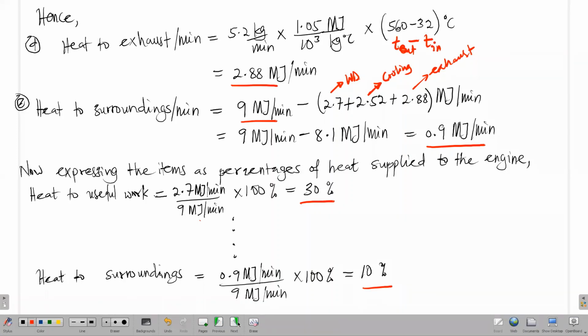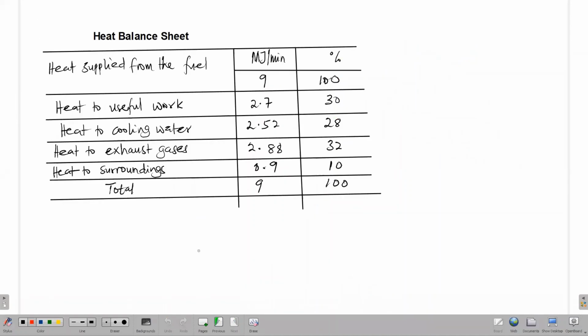Then we can draw up our heat balance sheet, and it will look like this. So we have here heat to useful work, heat to cooling water, heat to exhaust gases, and then heat to the surroundings.